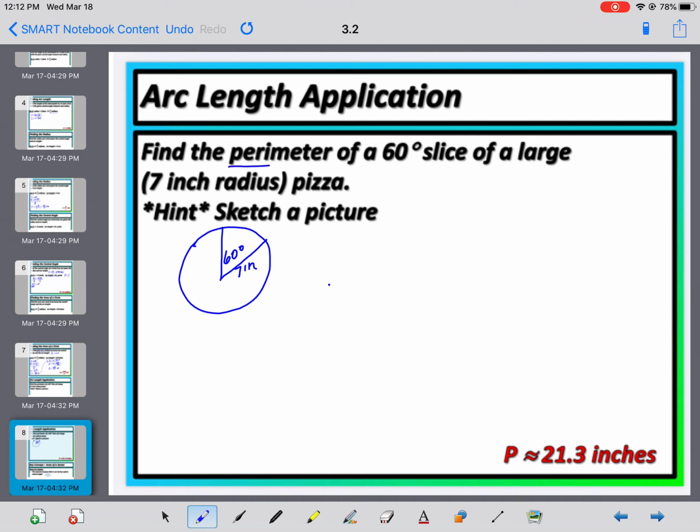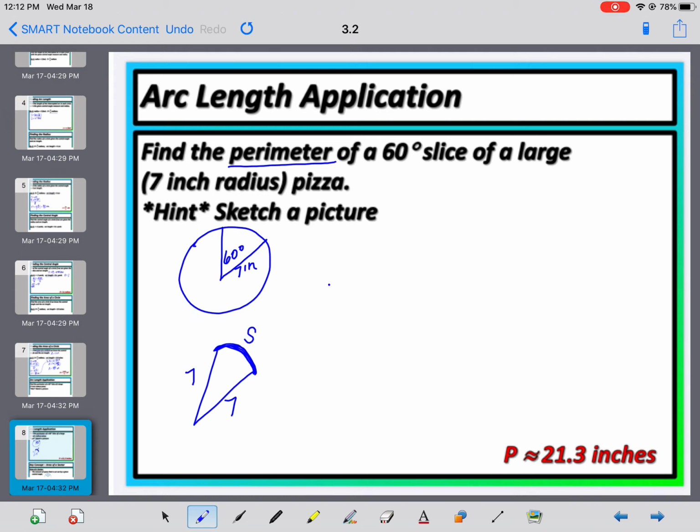Now they're saying find the perimeter. The perimeter of this piece of pizza would be adding up all of the sides. So if I know this radius is 7, that means this radius also has to be 7. And now I just need this missing piece over here, which represents the arc length.